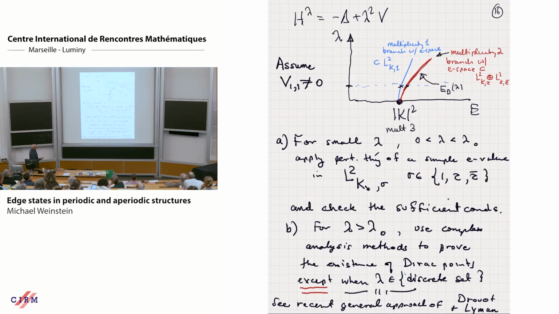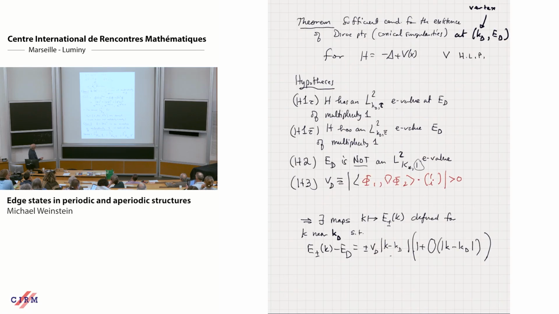So for small λ, one can basically do analytic perturbation theory of simple eigenvalues in each of the subspaces, and check the sufficient conditions on the previous slide. Those conditions are that H have an L²_{K,τ} eigenvalue of multiplicity 1, an L²_{K,τ̄} eigenvalue of multiplicity 1, and that at this eigenvalue E_D, there is no L²_{K,1} eigenvalue.